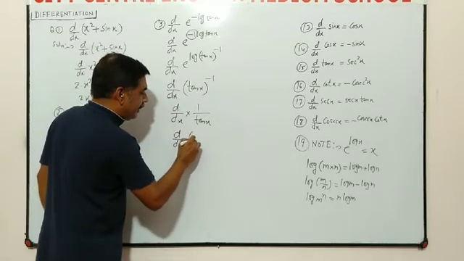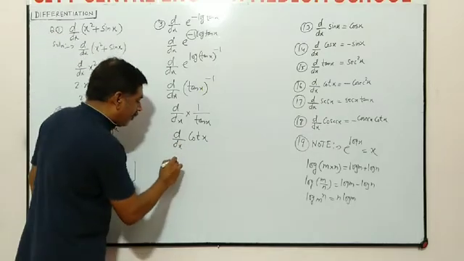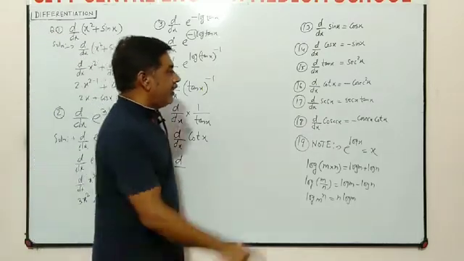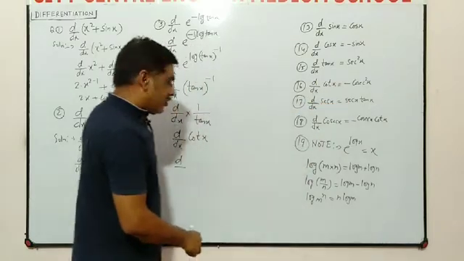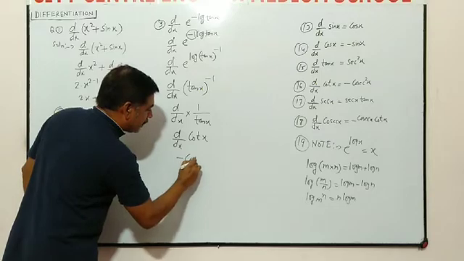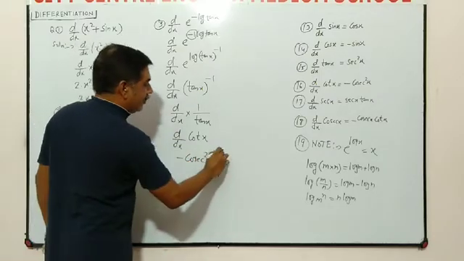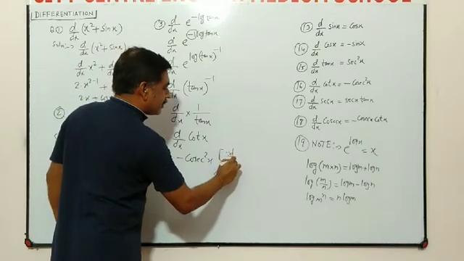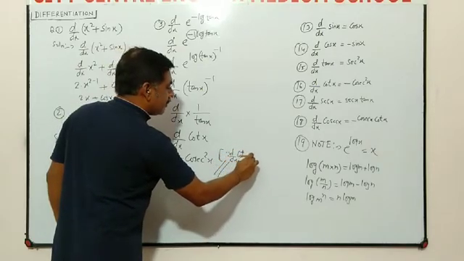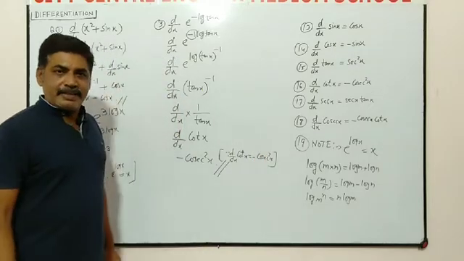So d by dx cot x. We know that the differentiation of cot x is minus cosec square x. So the answer is minus cosec square x. So you can mention d by dx cot x is equal to minus cosec square x.